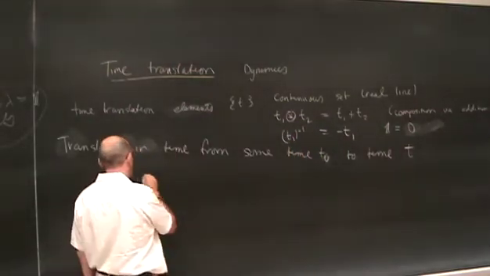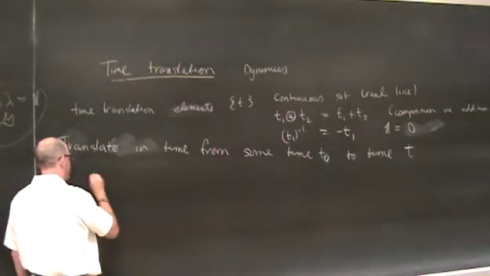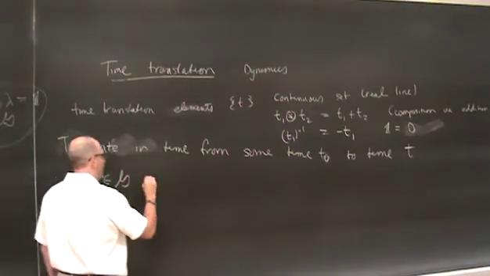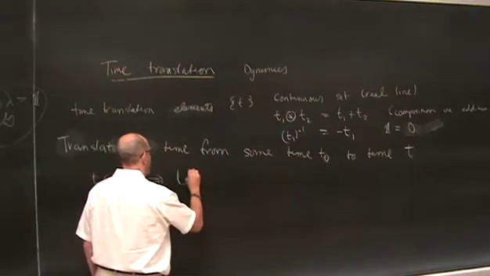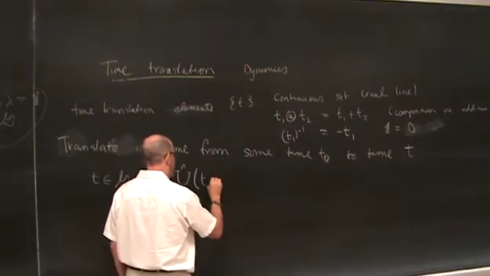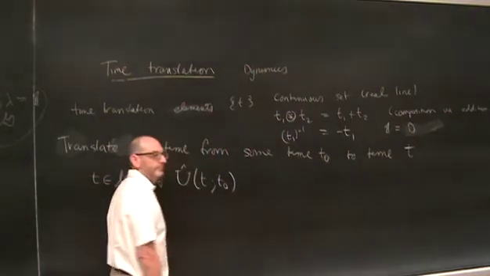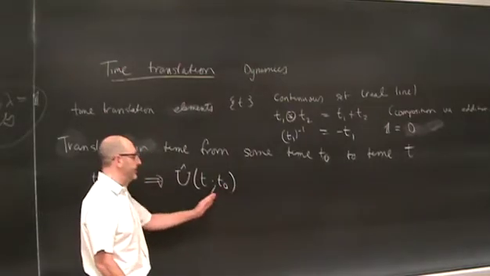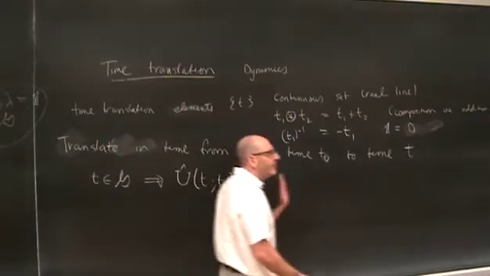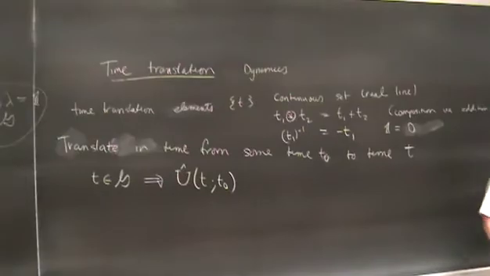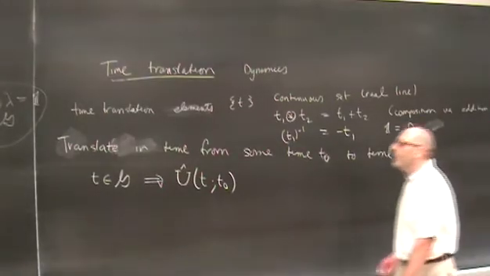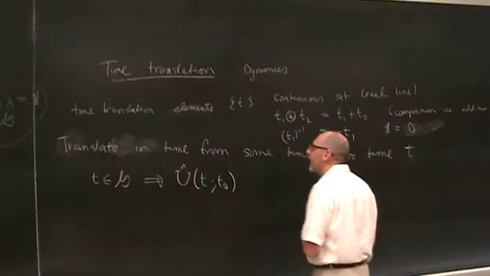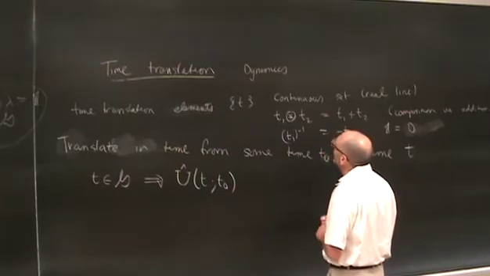So my element of the group is represented by a unitary operator which takes me from t0 to t. This is the time translation operator that translates me from that time t0 to the time t. All right, so this is my element of the group.